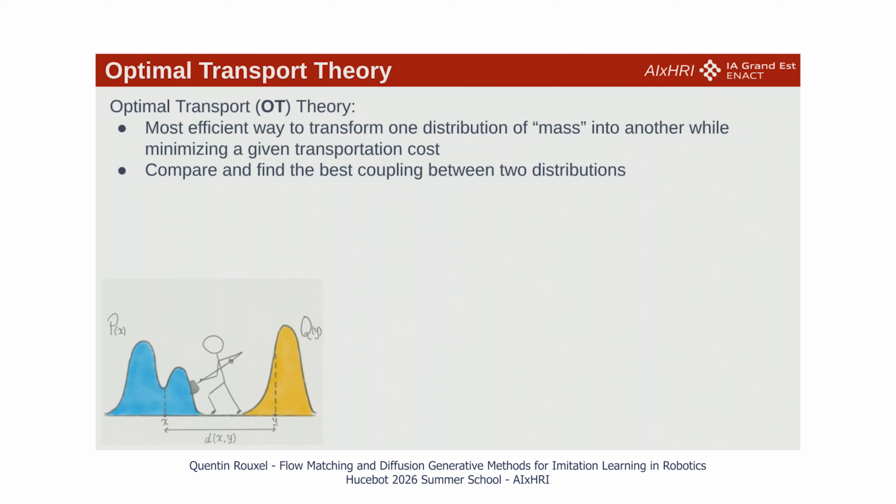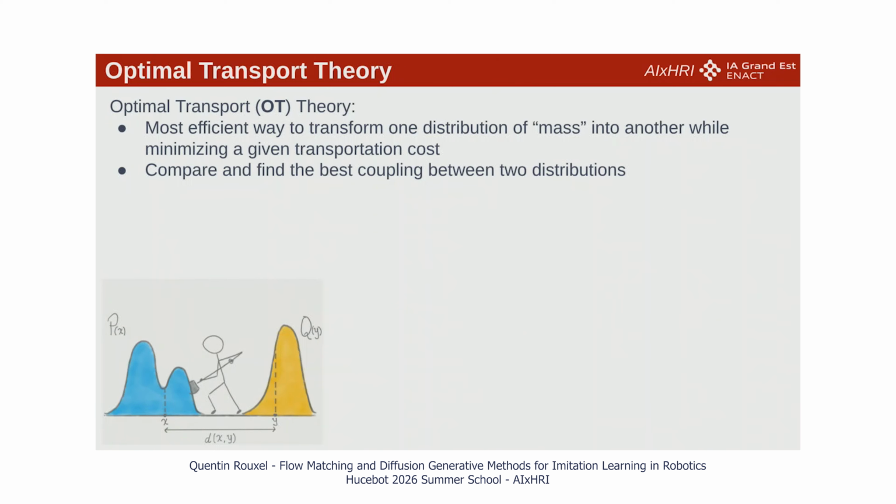So again, flow matching is related to a mathematical theory called optimal transport theory. And it's good to have some background, so I'm not going into the details, just giving you the rough idea of this theory. This is a very theoretical mathematical theory that was raised in the 19th century. And the problem is the following. We have a stack of sand, which can be seen as a distribution with some mass. And we have two stacks of sand, a source one and a target one.